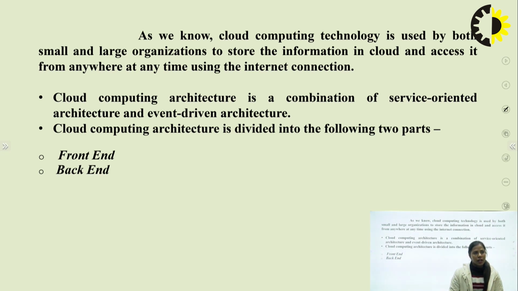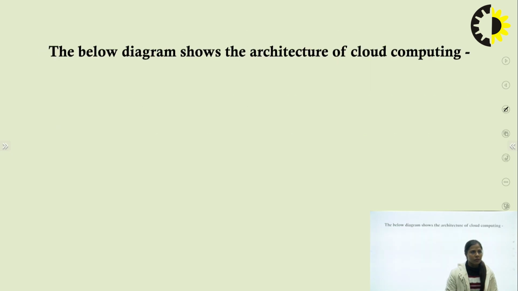Cloud computing architecture is in the form of client-server architecture, in which we have various clients and various servers. The client requests particular services and the servers provide them. That is why it is divided into the front end and the back end.